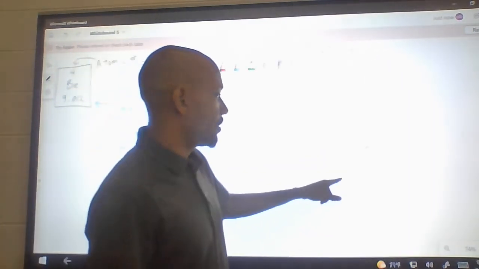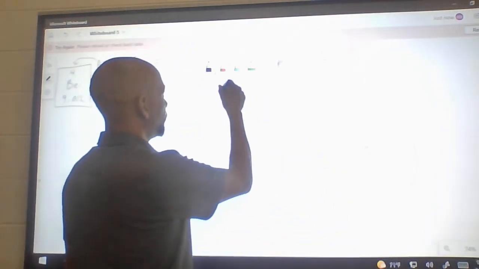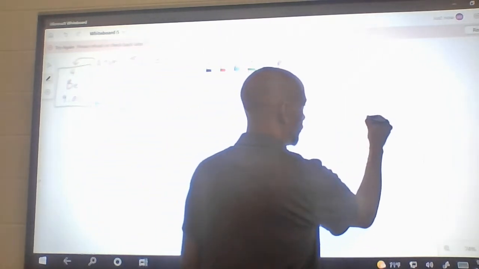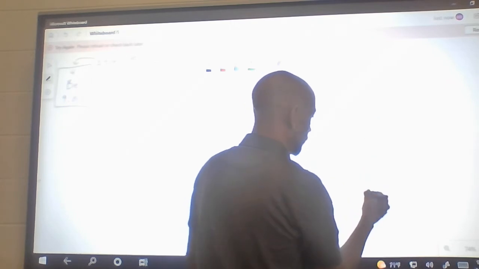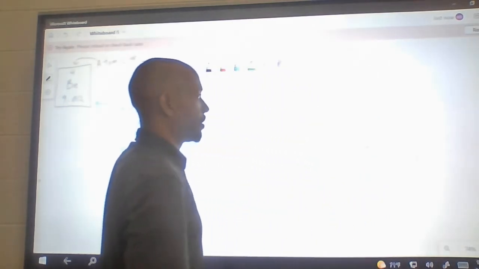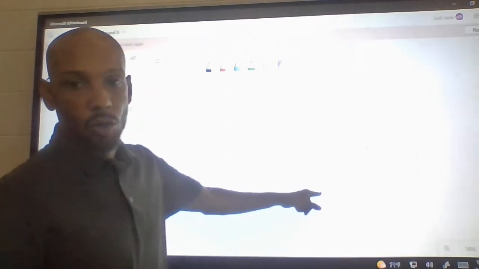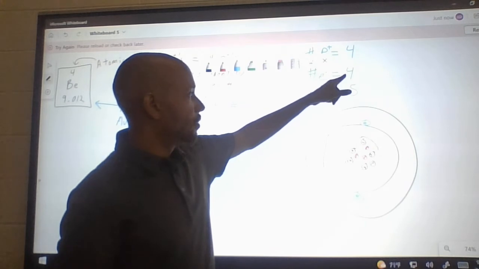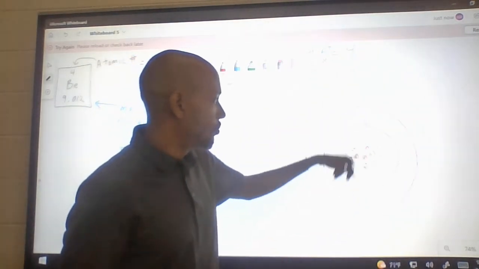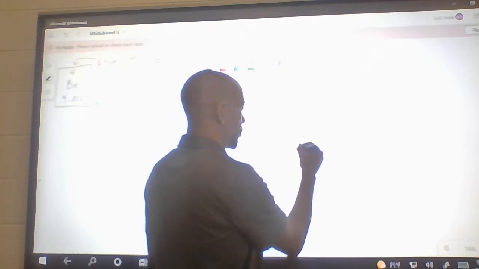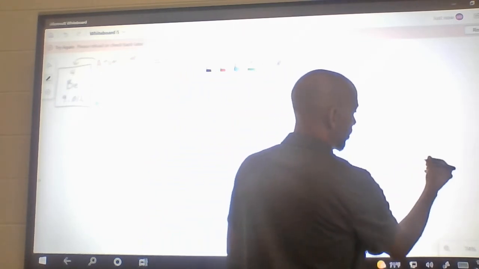So the first one holds 2. So I'm going to put 2 electrons in that first one. So we have 2 electrons, and then this one can hold 8. We don't have enough to fill it up. We only have 2 left, so 1, 2, 3, 4. And so I'm only going to put 2 in the second shell. Although it can hold 8, it's not going to be full.